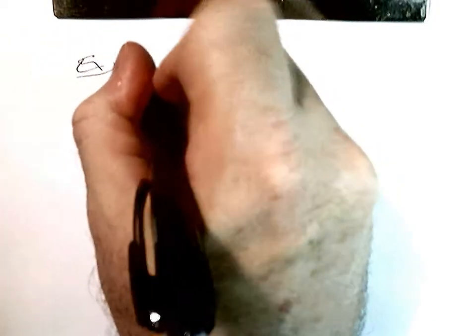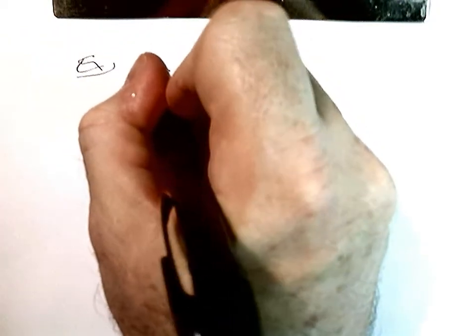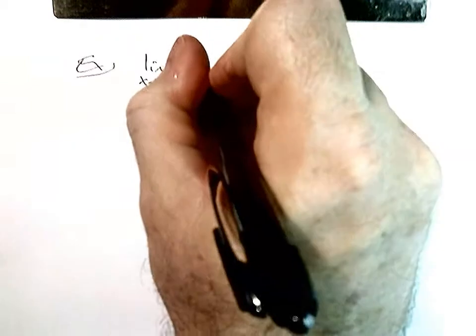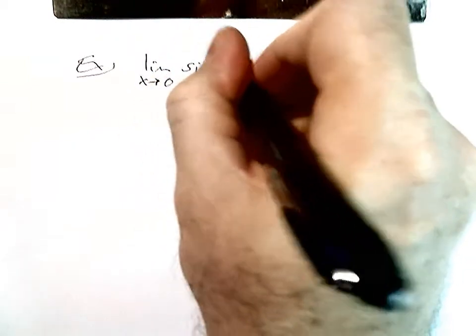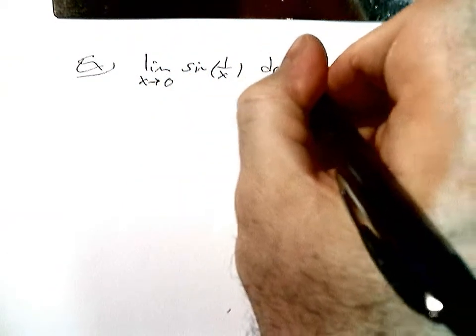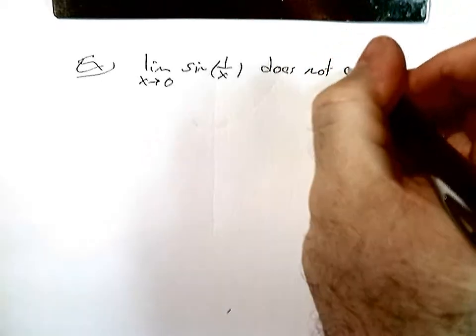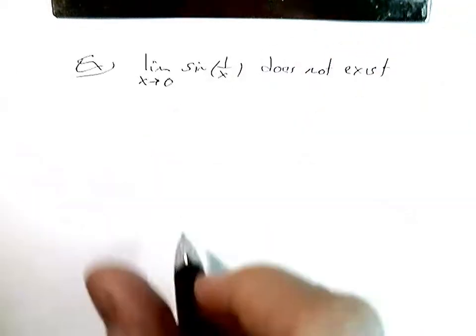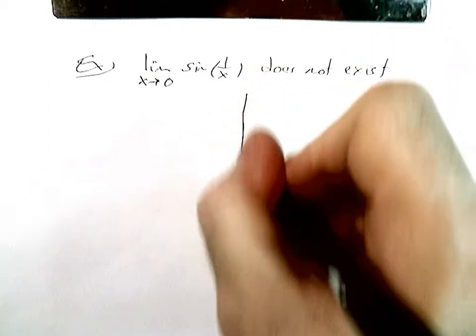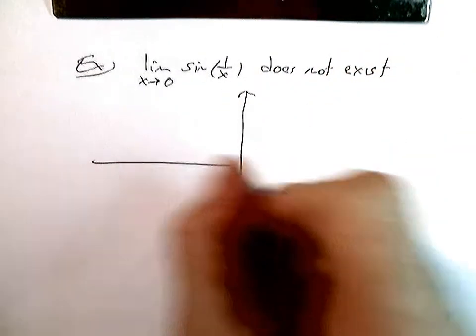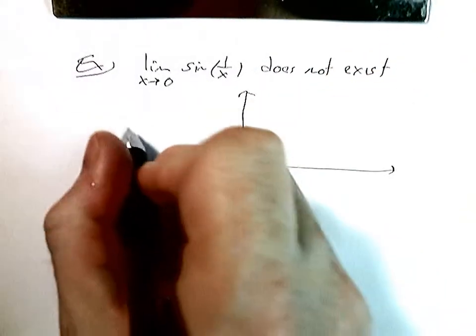Some limits fail to exist. I claim, for example, the limit as x goes to 0 of sine of 1 over x does not exist. Okay? And basically, if you try to graph this, you're oscillating.